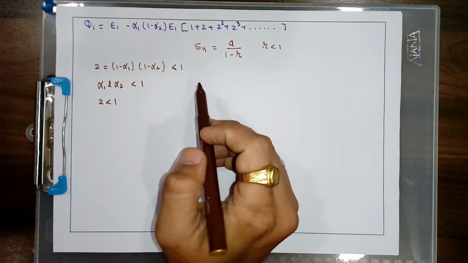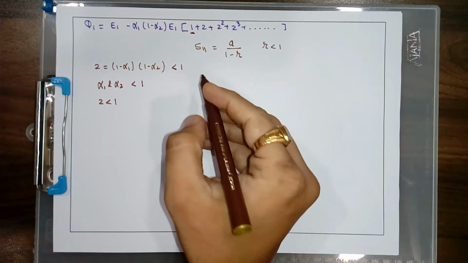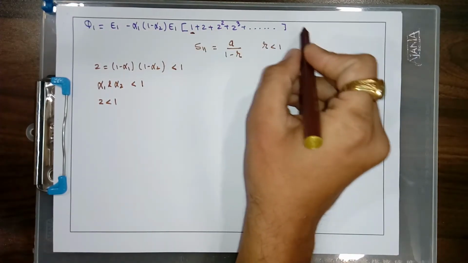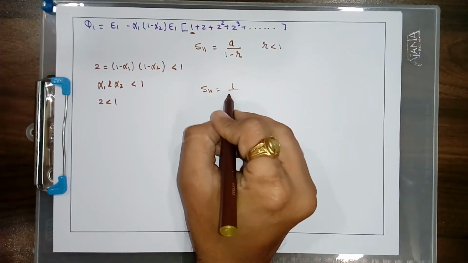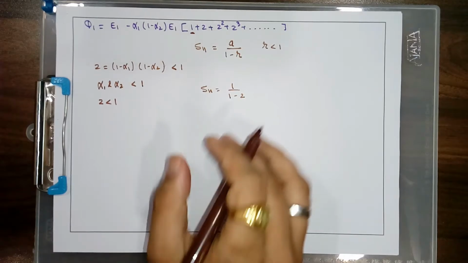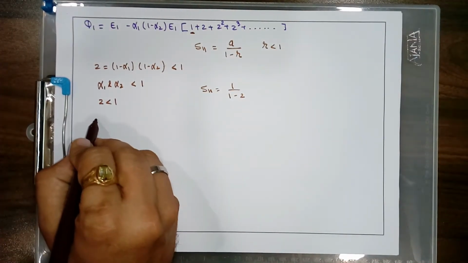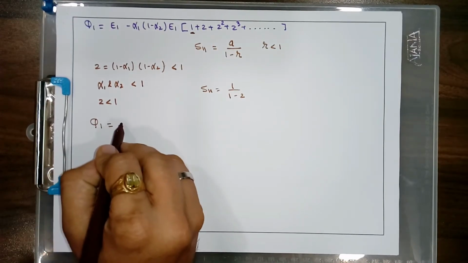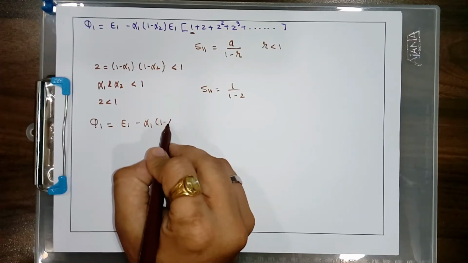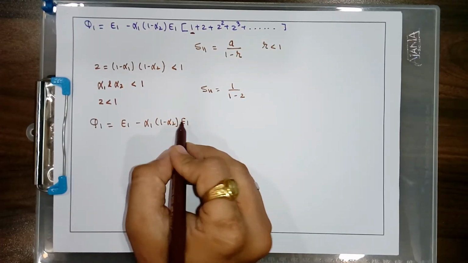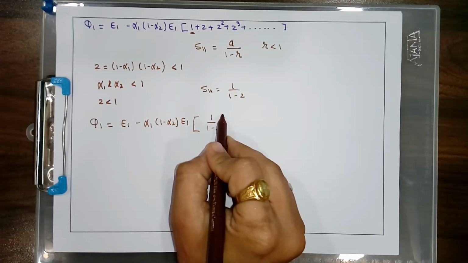Here the first term a equals 1, so the sum of the whole series is S equals 1 upon 1 minus z, according to the concept of geometric progression. So we write Q1 equals E1 minus alpha 1 (1 minus alpha 2) E1 in the bracket, 1 upon 1 minus z.